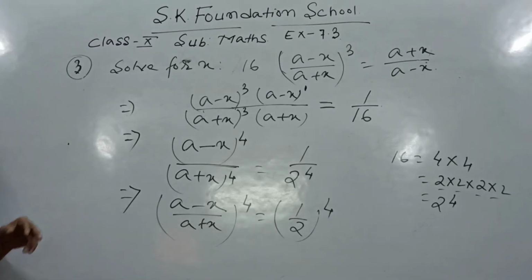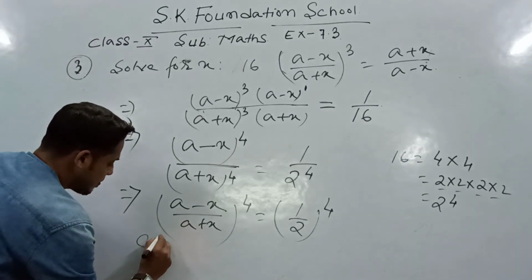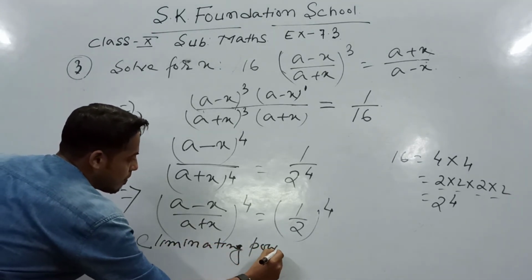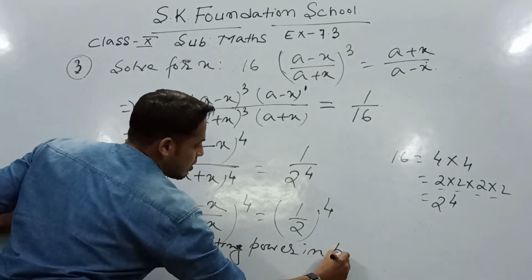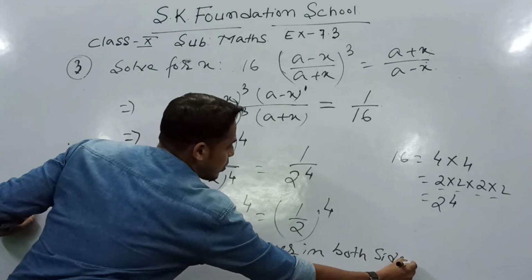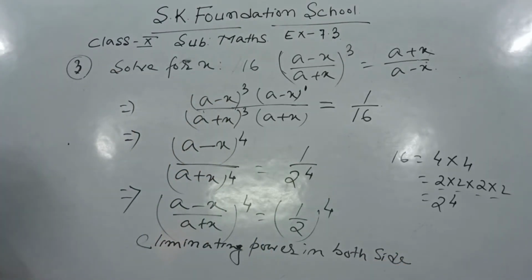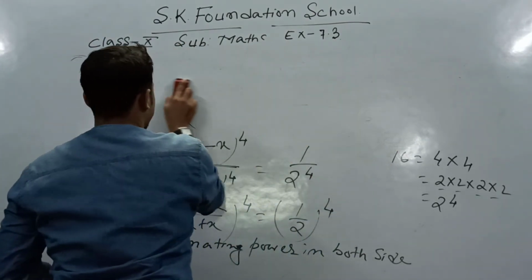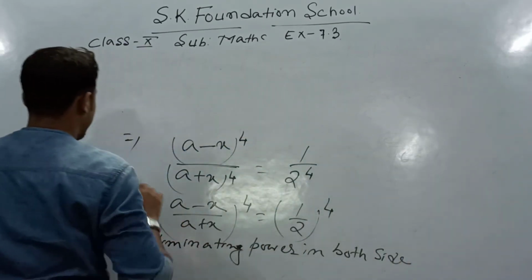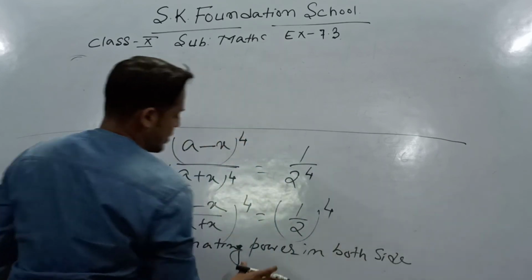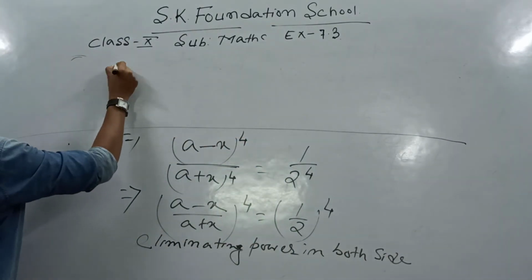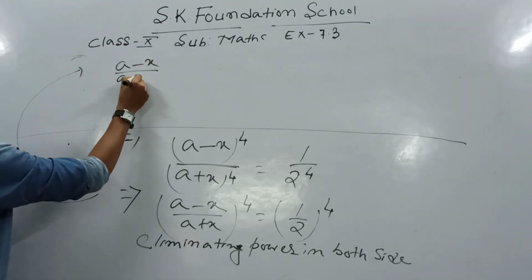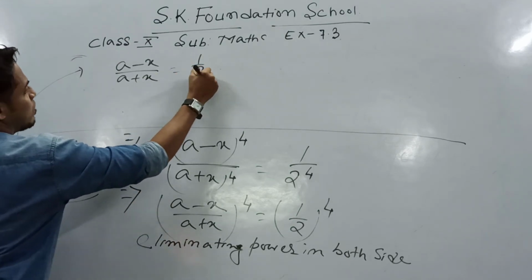If we eliminate the power in both sides, then after eliminating the power, this expression converts to this form: a minus x by a plus x equals 1 by 2, right?